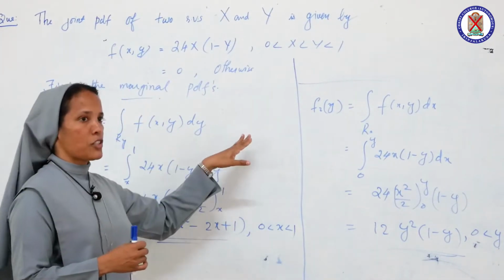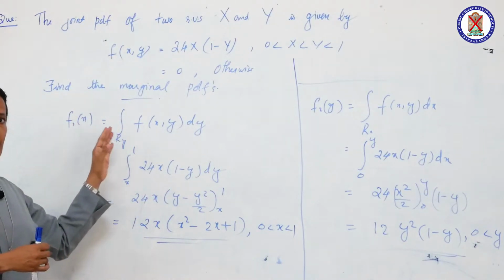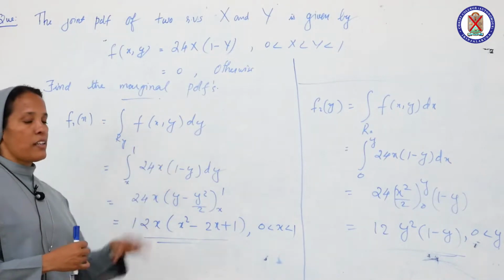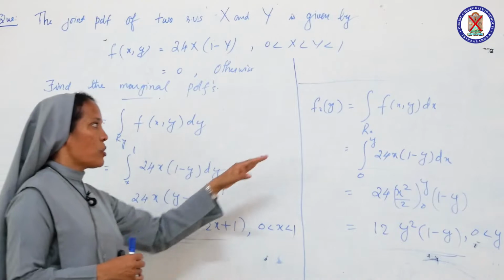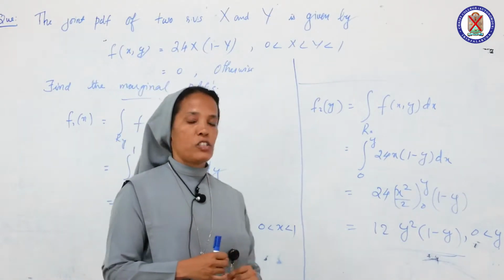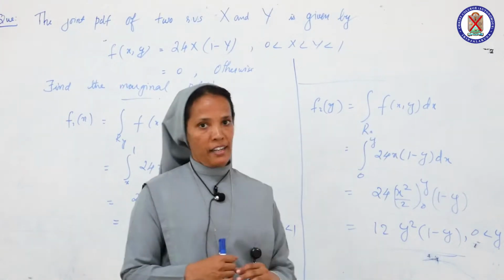In the case of continuous distribution, f1(x) is the integral with respect to the range of variation of y of the joint density function dy. Similarly, the marginal density function of y is f2(y), which is the integral over the range of variation of x of f(x,y) dx.